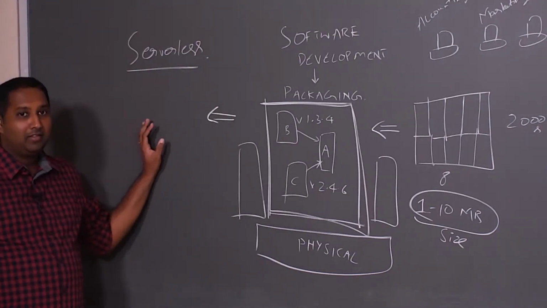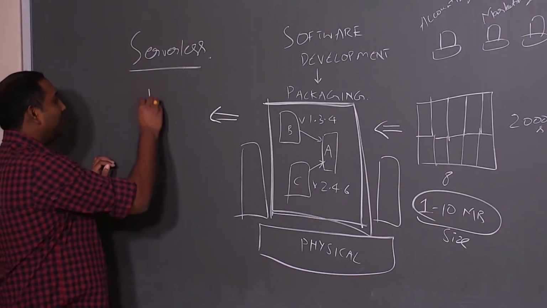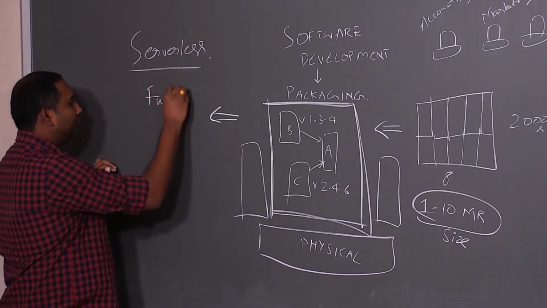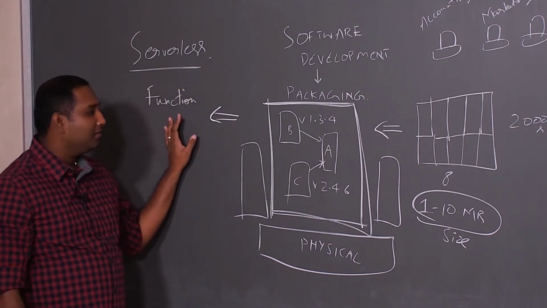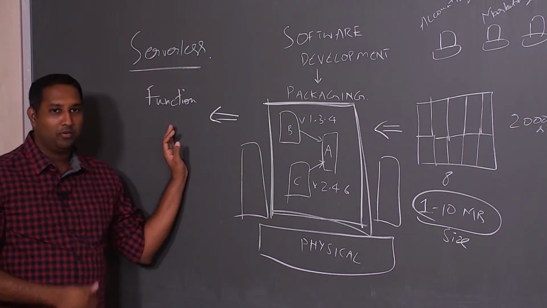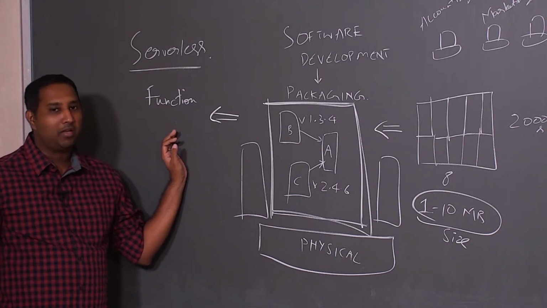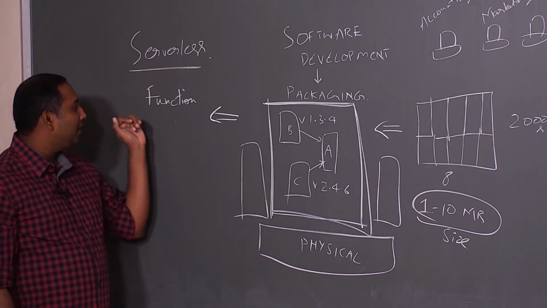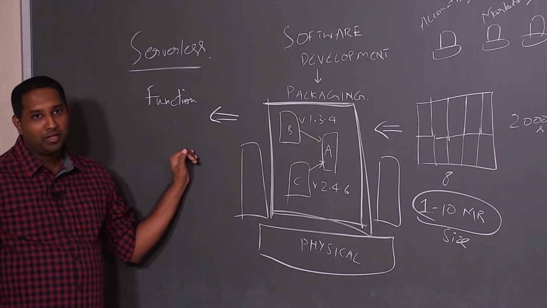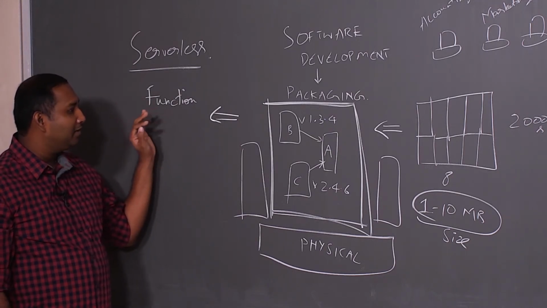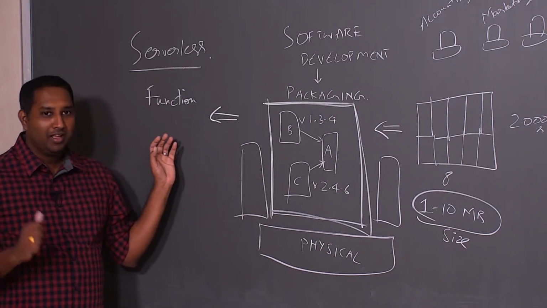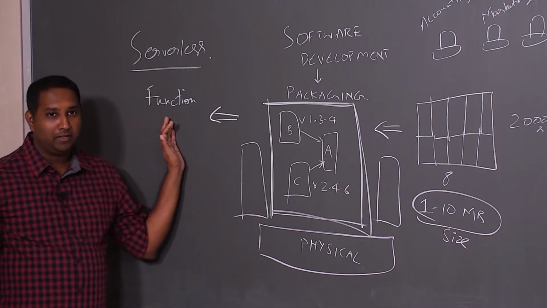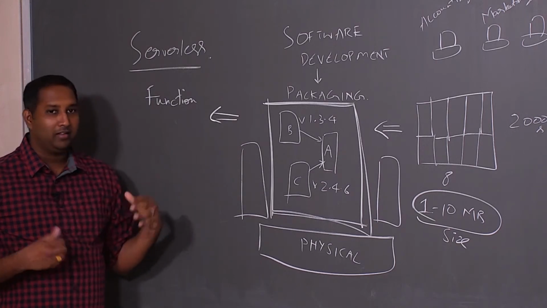With serverless, the idea is that it's a function. You have a function and you want to run it on, let's say, Amazon or Microsoft servers, and you want the result of the function. You don't really care about whether it runs in a container, it runs in a virtual machine, or it runs on a physical machine. You want this function to be executed, and you want some way to get the result.